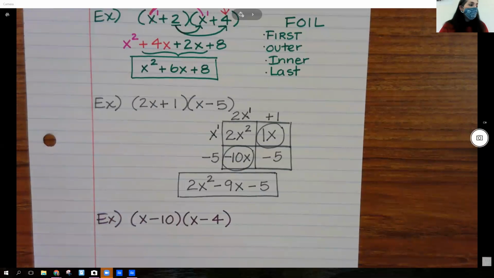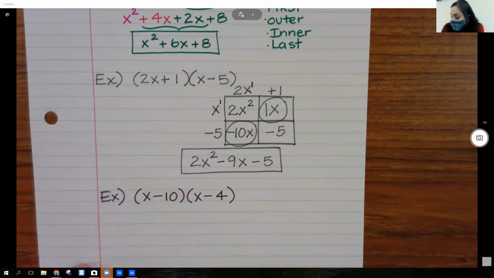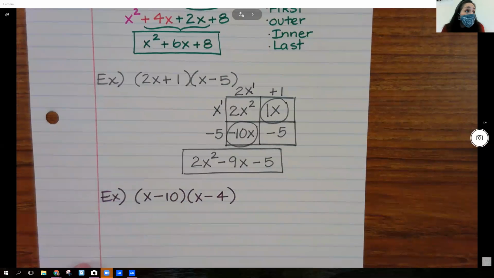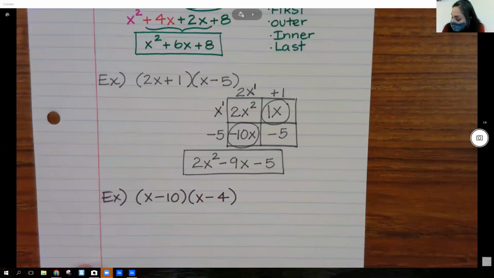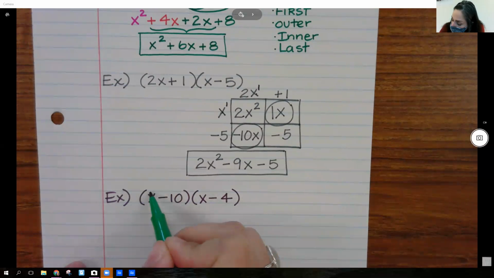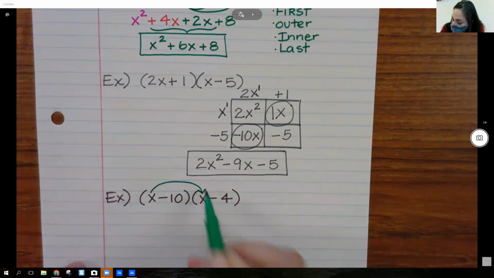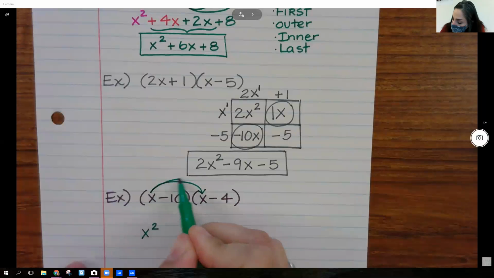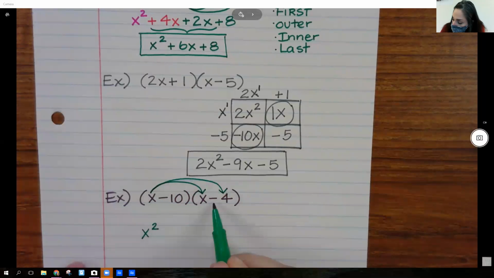Okay, let's go over it and you can check to see how you did. I am going to use the foiling method for this one, okay? So we're going to do x times x, which is x squared. And then I'm going to do x times -4. Don't forget that's a -4 right there.